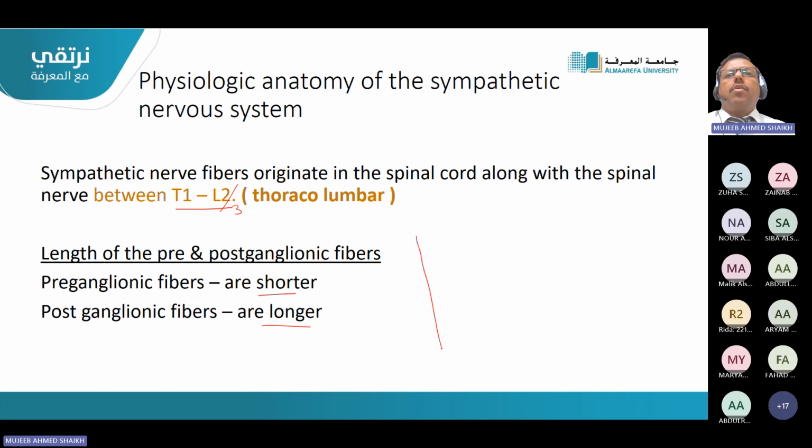The meaning is that the preganglionic fibers come out from the spinal cord into the ganglion. The second order neuron will start, and they will supply the muscle or the gland. So postganglionic fibers are long and preganglionic are short. Remember this.